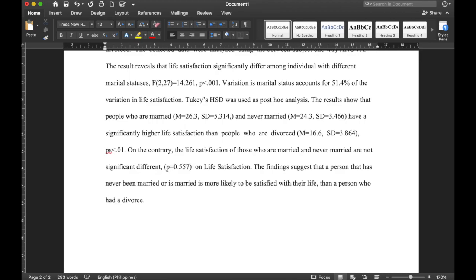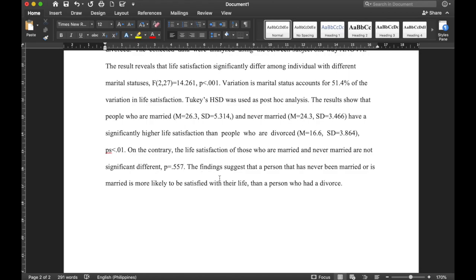And then let's put the p-value there. No need for it to be in parentheses, no need for the 0, just say .557.